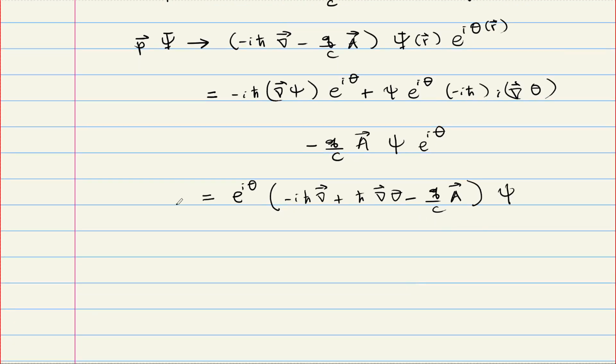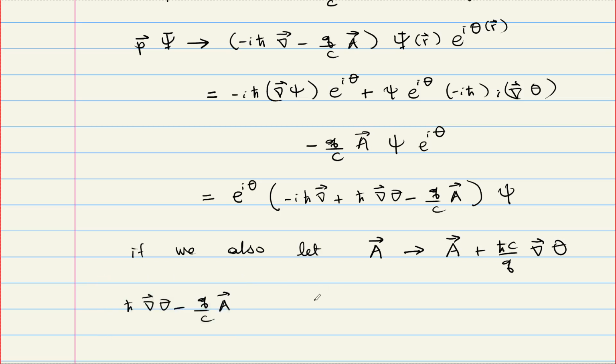Therefore, if we also let A modify to A plus h bar c over q times gradient of theta, this term becomes minus q over c A minus q over c times h bar c over q gradient theta.